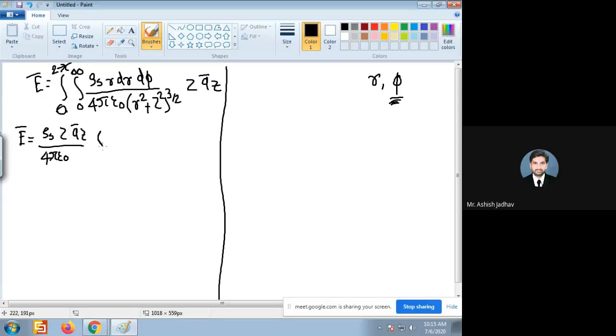Now integration 0 to 2 pi d phi, and let me split it into another integration 0 to infinity, for radius r dr divided by r square plus z square raised to 3 by 2, right? So I have taken the constant terms outside, and the phi terms separate, r terms separate.